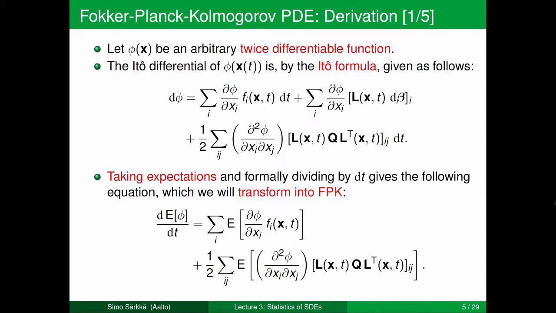Now taking expectations of both sides, we get that the term with d beta disappears because the expectation of d beta is 0, and then we can proceed to divide formally by dt, which gives this differential equation for the expectation of phi. Let's now take a look at the first term on the left.